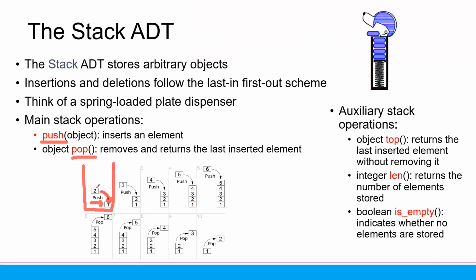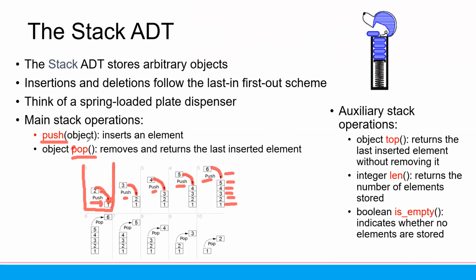I want to save item number 2, item number 3, item number 4, item number 5, item number 6. So we call it push. So after we push, it means it will have a stack: number 1, number 2, number 3, number 4, number 5, and at the end number 6.